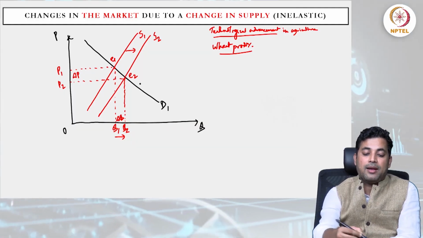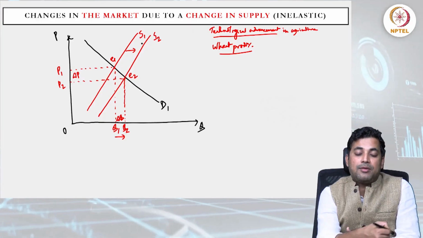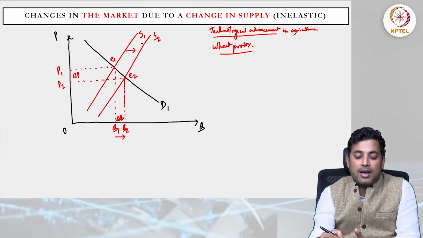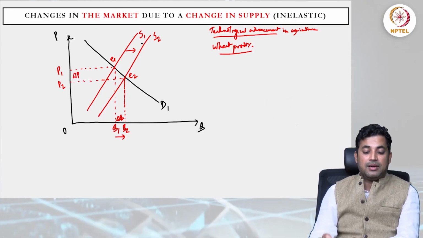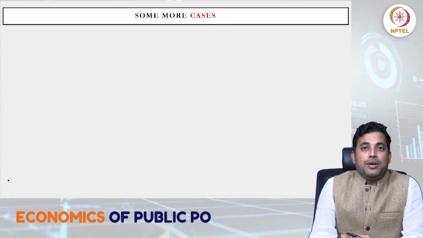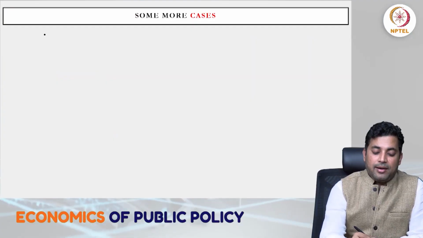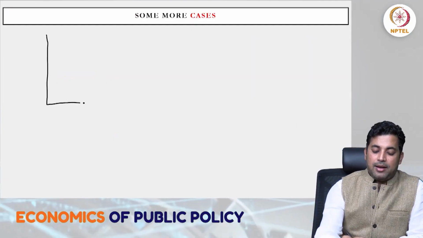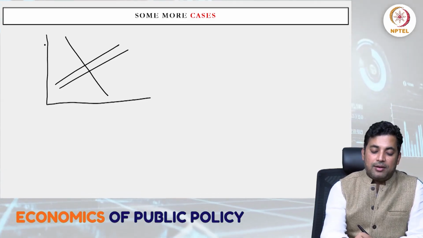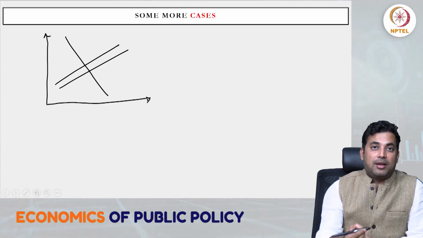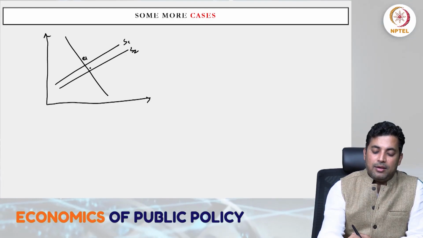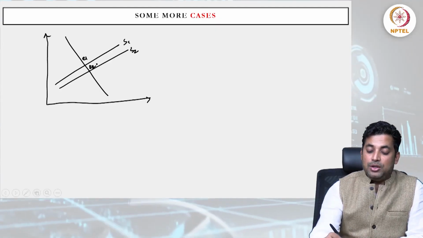This is how in the marketplace equilibrium changes. Here the supply curve in this case has shifted rightward, this supply curve is inelastic, and the demand curve hasn't changed. Likewise, there could be many more cases where the supply curve is elastic as compared to the demand curve, and then market equilibrium will change accordingly, like here S1 and S2, and E1 to E2.